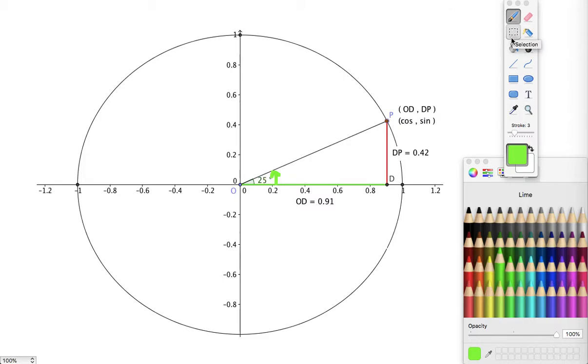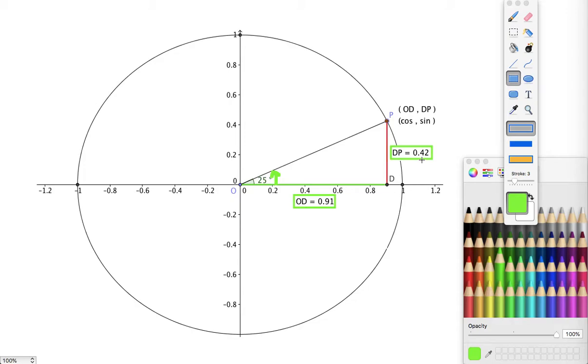Its y coordinate is 0.42, or sine of 25 degrees is 0.42. Its x coordinate is 0.91, or cosine of 25 degrees is 0.91. And so therefore, my tangent will equal your y coordinate divided by your x coordinate.